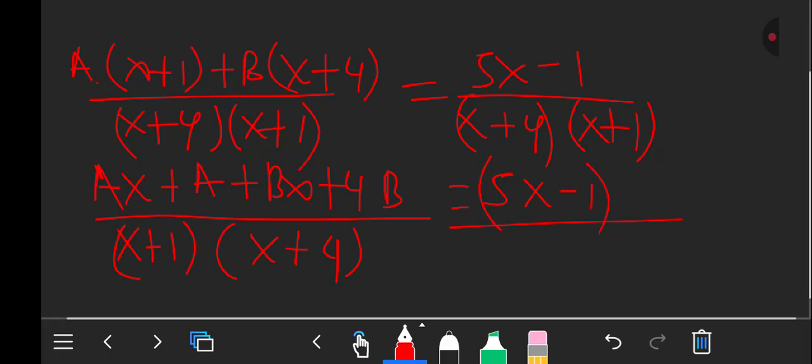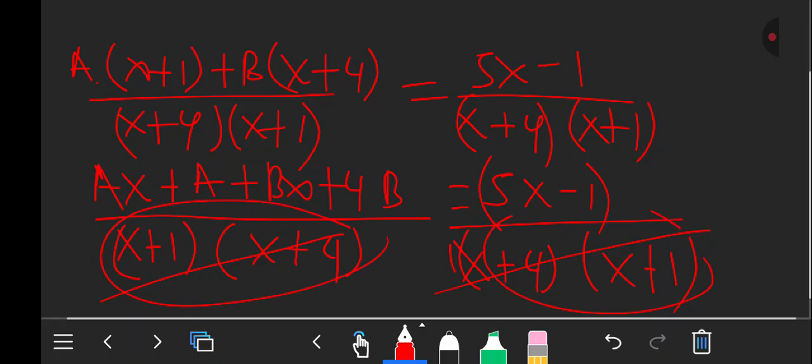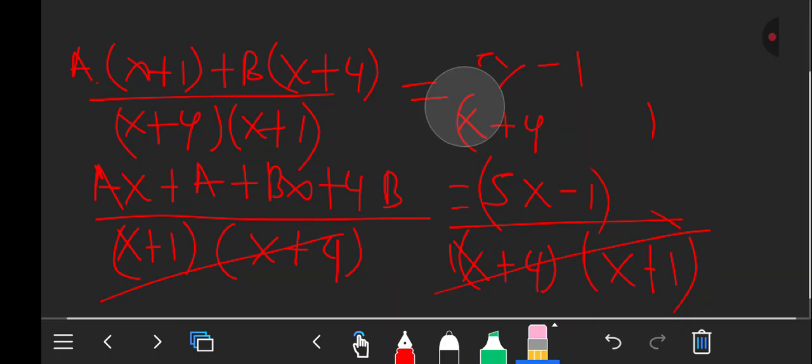This equals 5x minus 1 over x plus 4, x plus 1. When you equate, the denominators are the same, so they can cancel, to simplify things. Then you just deal with the numerators.